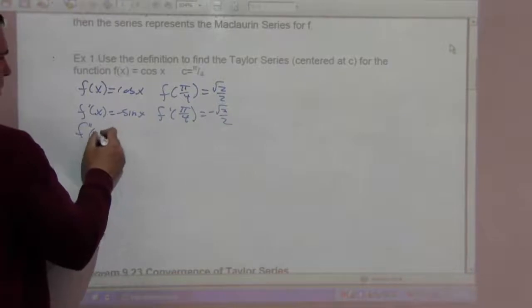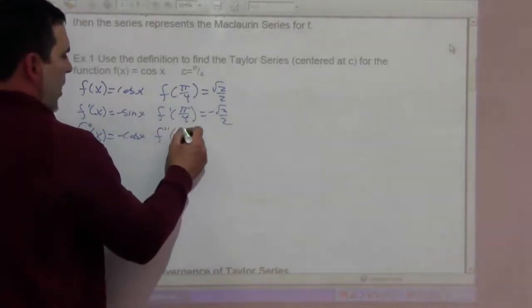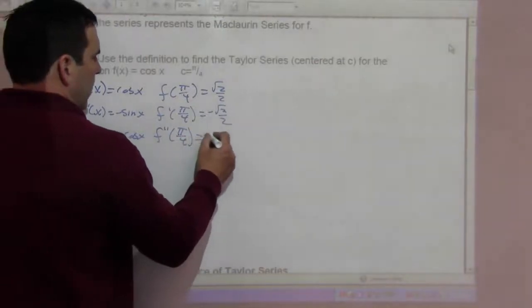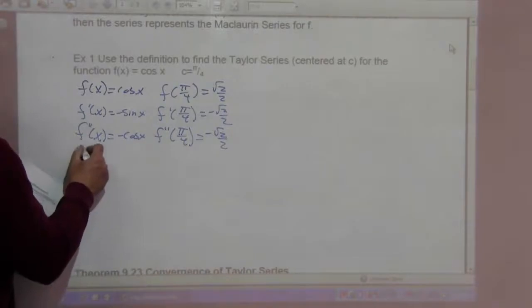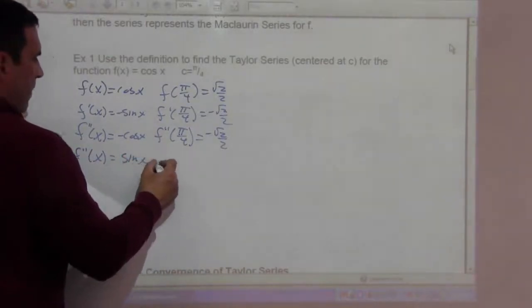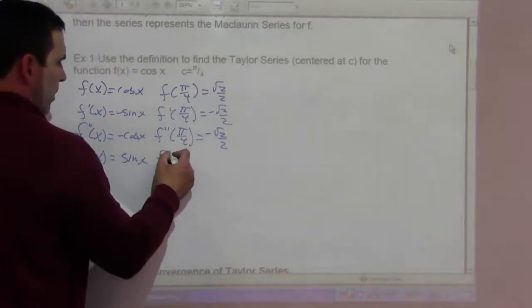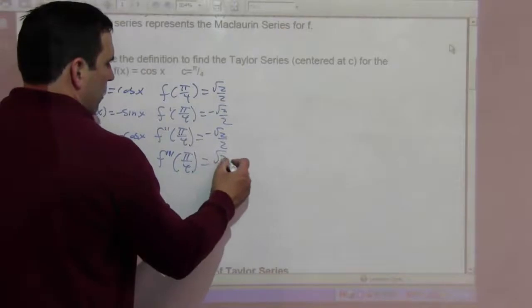F double prime of x equals negative cosine of x. F double prime of pi over 4 is going to be negative square root of 2 over 2. F triple prime of x equals sine of x. F triple prime of pi over 4 equals square root of 2 over 2.